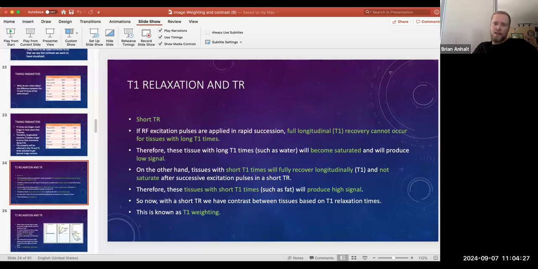Thus, it has a quick T1 recovery time. Therefore, these tissues with quick T1 times will produce high signal. So with a short TR, we have contrast of tissue based on T1 relaxation times, known as T1 weighting.